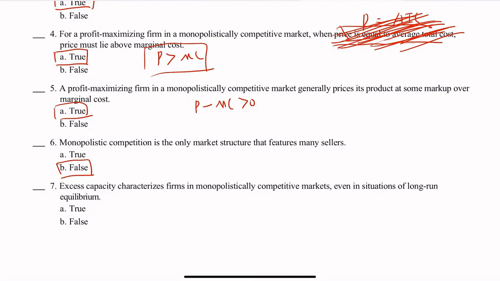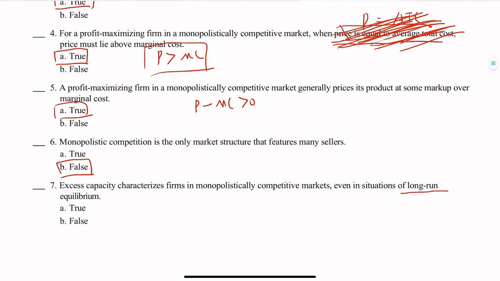Excess capacity characterizes firms in monopolistically competitive market, even in situations of long-run equilibrium. So here you can see that it says in the long run, these firms will have excess capacity. Well, this is correct, right? Oh, sorry, I think this is actually related to long run.